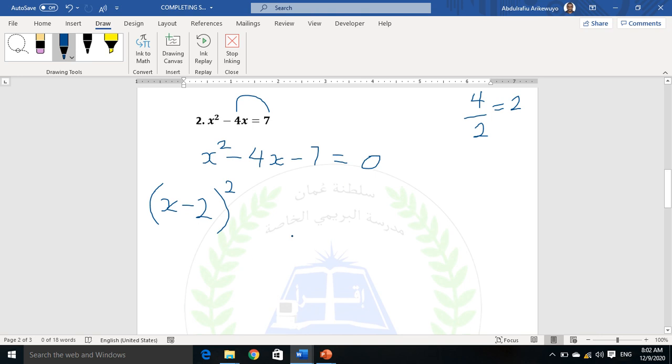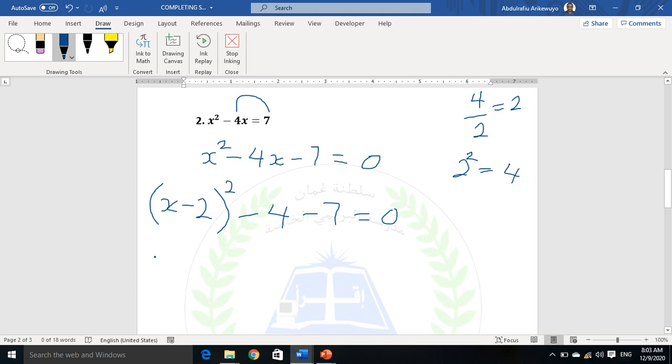Remember I told you that the next thing we do is to find the square of this answer, which is 2 squared, right? So 2 squared is equal to what? 4. 2 squared is 4. So I have minus 4. Again, I have minus 7. So minus 7 is equal to 0. Are you following? Good.